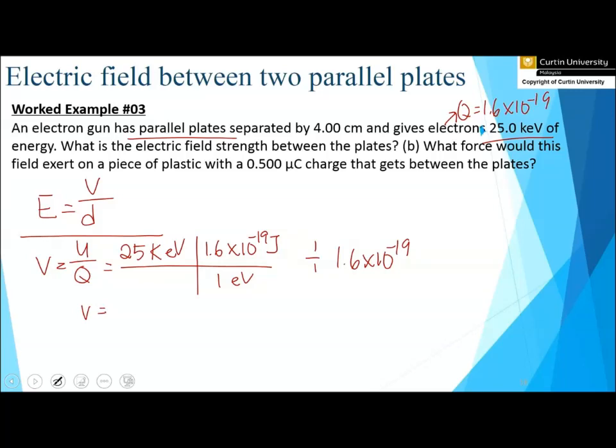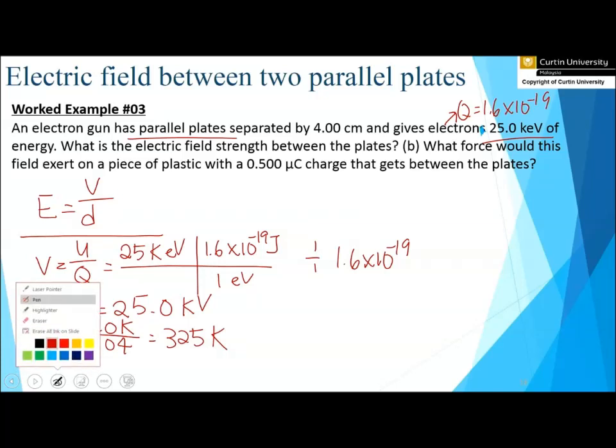So your voltage is equivalent to 25.0 kilovolts. Plugging back into the electric field, with distance converted to meter, you get 625 kilo, in volts per meter.